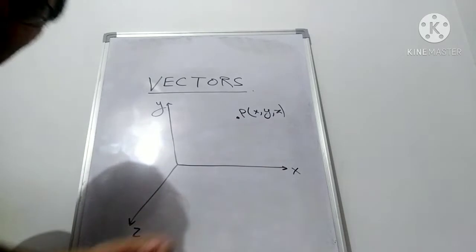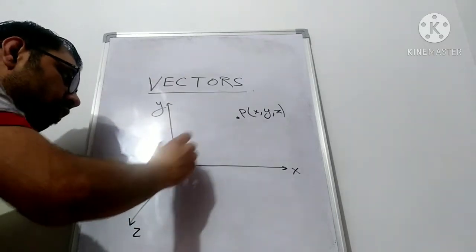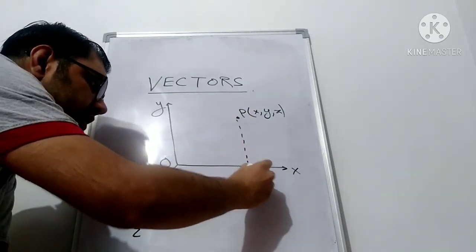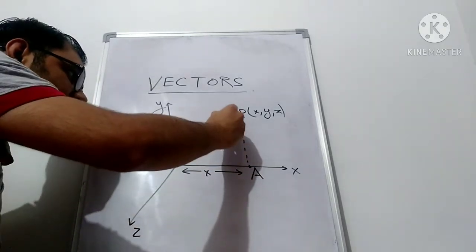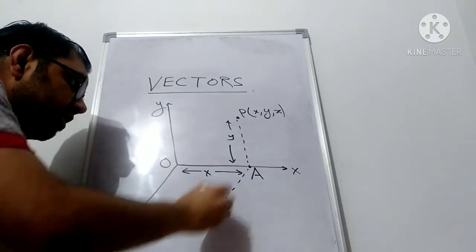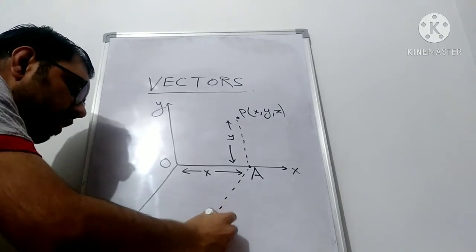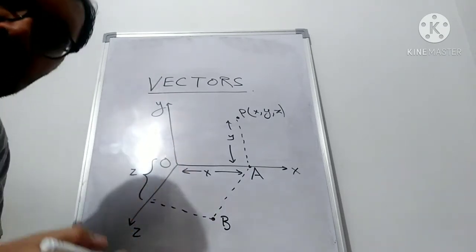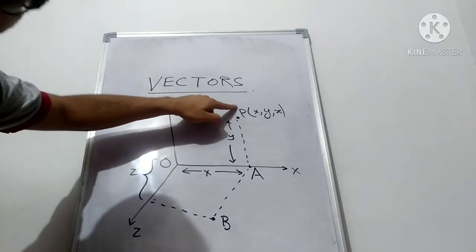What this denotes is that in order to reach this point from the origin, we need to move distance x along the x axis, then distance y along the y axis, and then distance z along the z axis.